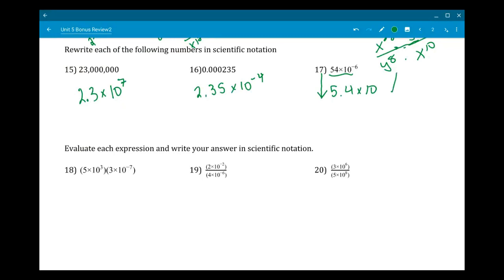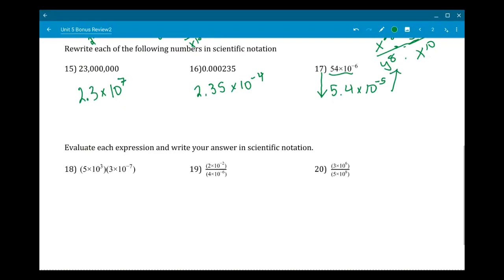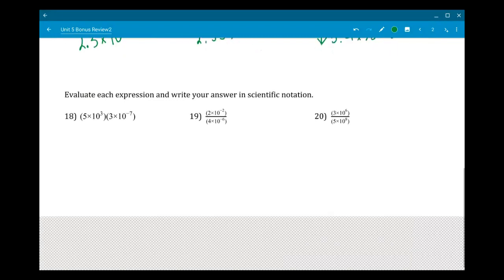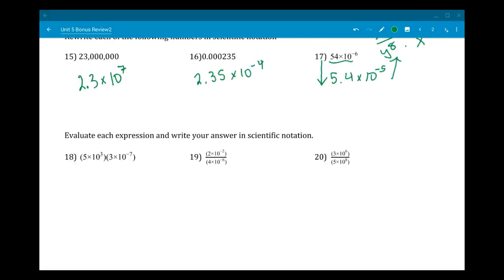So I'm going to increase the value of my exponent to make it go from -6 to -5. Now I know I've got something that's the exact same value. That's the key to writing numbers in scientific notation.